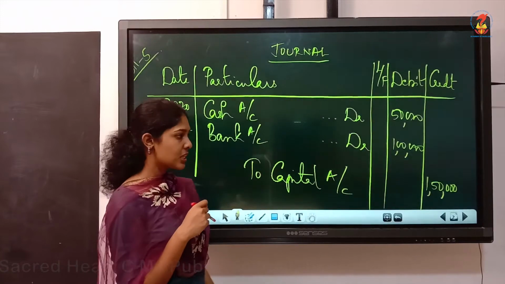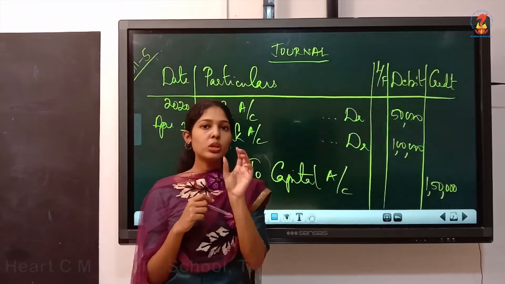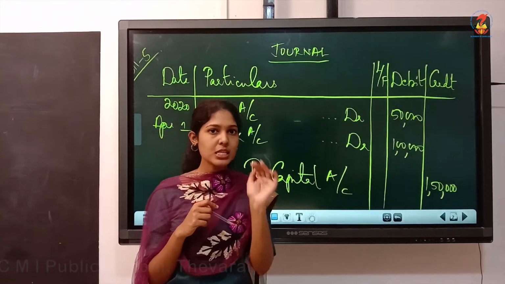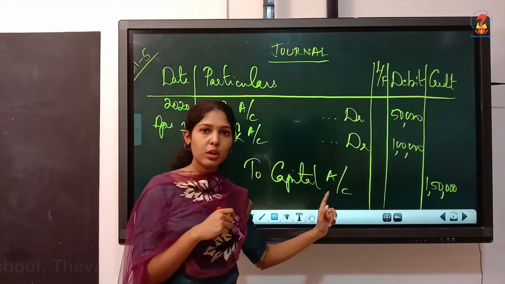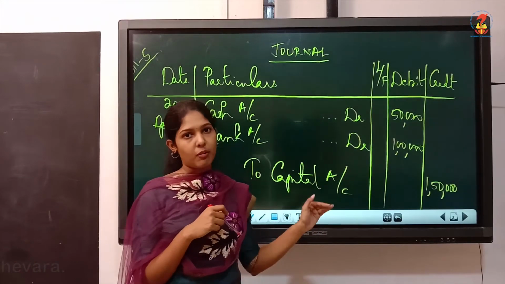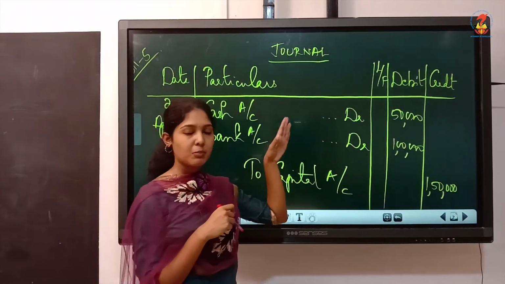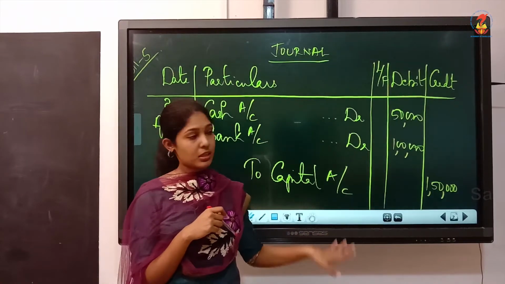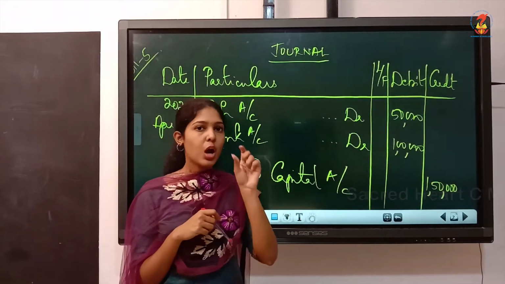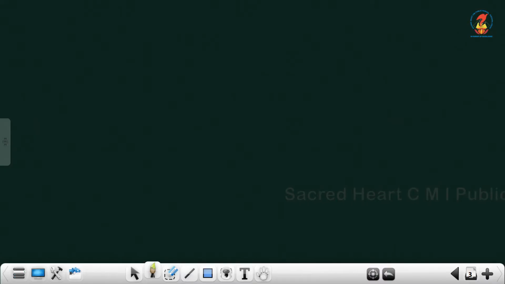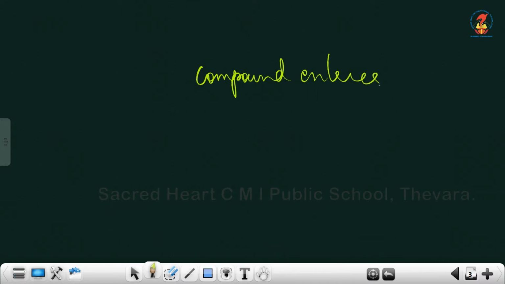These types of entries are known as compound entries. That means entries in which more than one debit aspect or more than one credit aspect are recorded. Sometimes it can be on the debit side, sometimes on the credit side, sometimes on both sides. Understood? Such entries are known as compound entries.